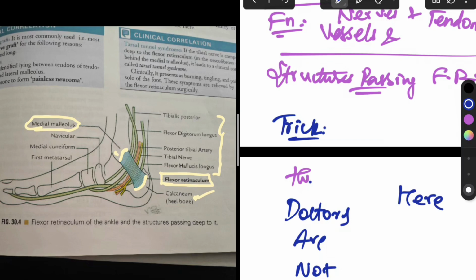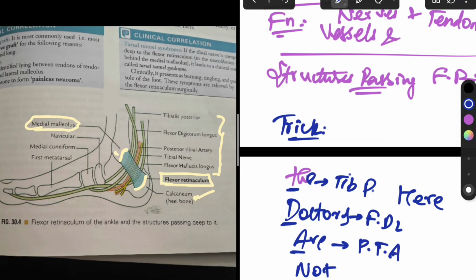The T represents tibialis posterior; in the extensor retinaculum it was tibialis anterior. The D represents the flexor digitorum longus tendon. The A represents the posterior tibial artery, the N represents the tibial nerve, and the H represents the flexor hallucis longus tendon.